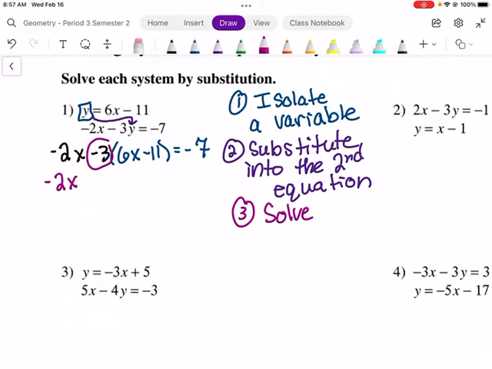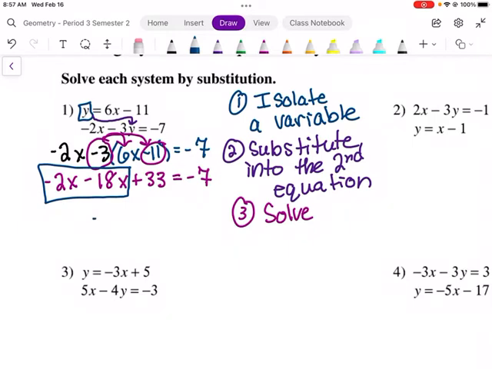So in this one, we're going to distribute this negative 3 to get negative 18x, and negative 3 times negative 11 to get positive 33. Then we can combine any like terms that are on the same side of the equation. So we would have negative 20x plus 33 equals negative 7.